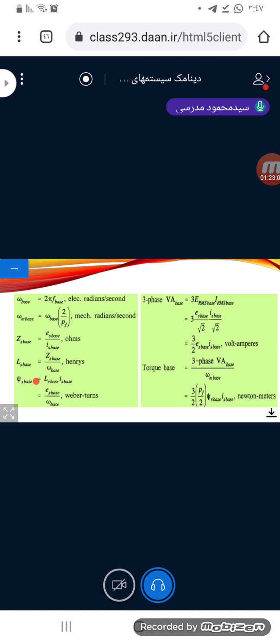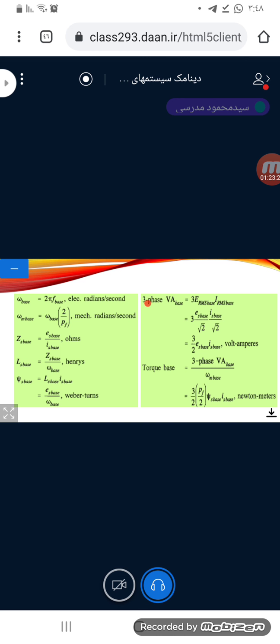Psi_S base is equal to L_S base multiplied by I_S base, which is equal to E_S base divided by omega base, webers per second.